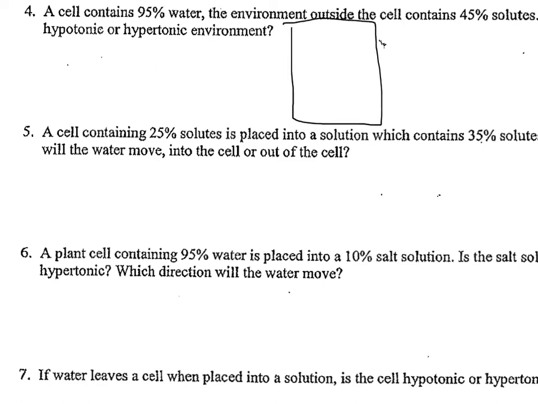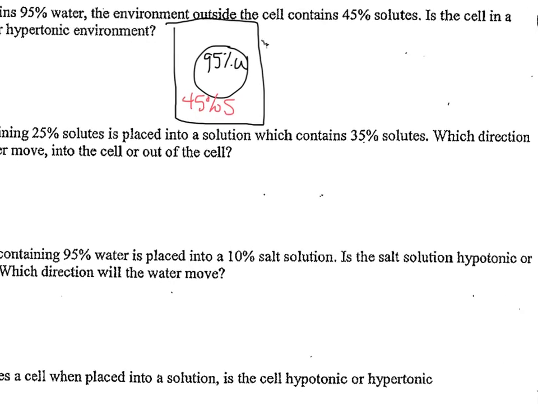And in this one, a cell contains 95% water. And the environment outside the cell contains 45% solute. So this one's a little bit different than what we've been looking at.